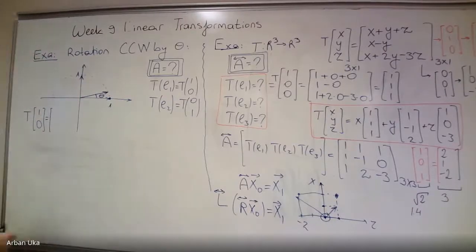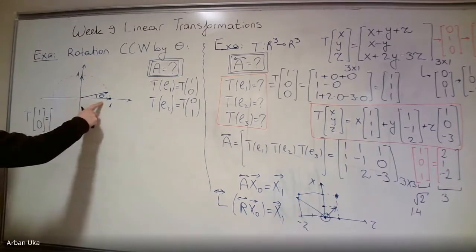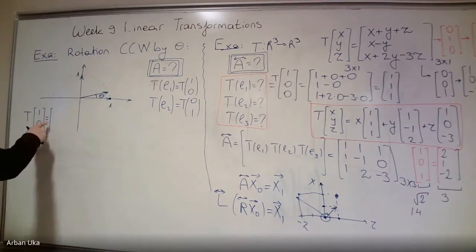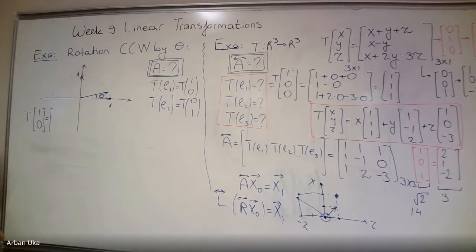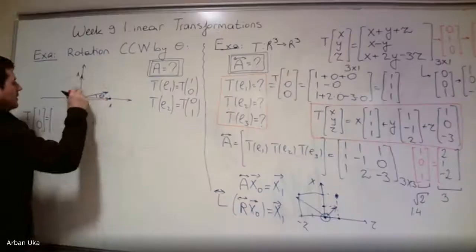And what should we get then if we rotate this vector 1, 0? What do we get for x and what do we get for y? We could also use a rotation matrix: cosine theta, minus sine theta, sine theta, cosine theta.